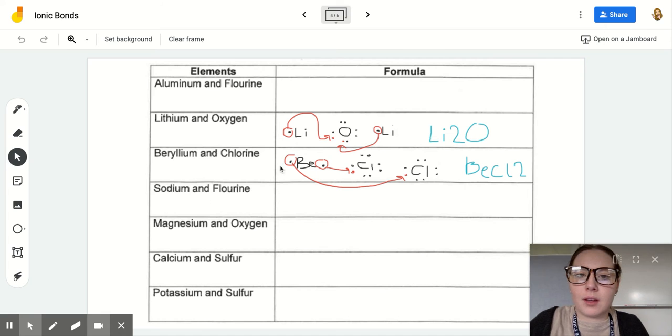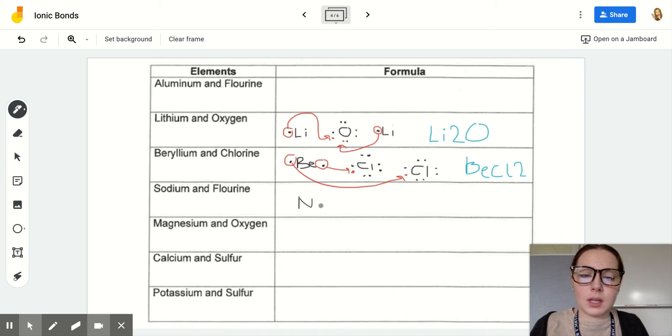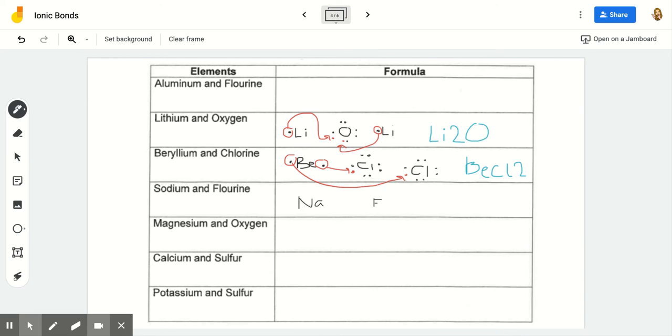So sodium and fluorine. My first step is to create the dot diagram for each atom's valence electrons. So sodium is Na and fluorine is F. Okay, so I'm going to pull up my periodic table that I gave you guys in Google Classroom. You're going to find sodium on the chart, which is right here.